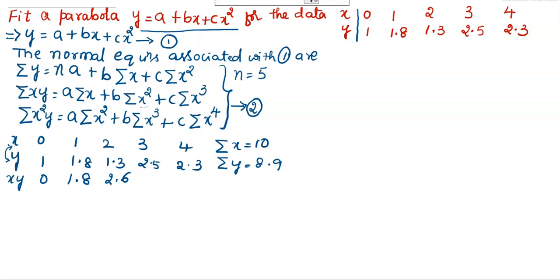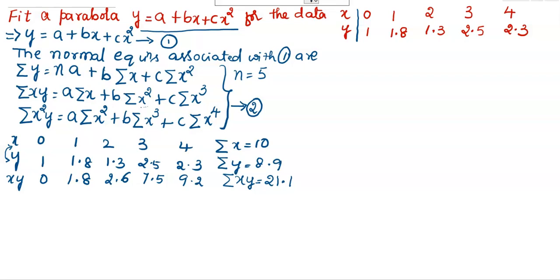Same thing, 3 into 2.5 is 7.5. 4 into 2.3 is 9.2. We want the sum of xy, so you add all the values. So summation xy is 21.1.